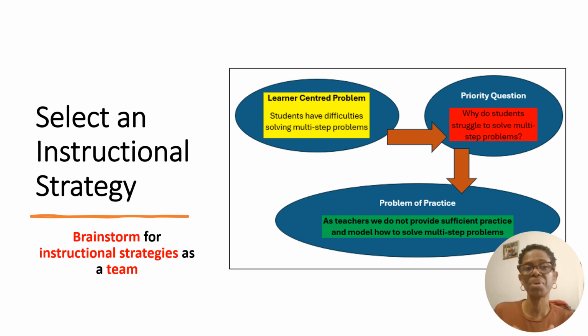So that would be a problem of practice, because we must evaluate our instruction to determine if we are doing everything right. And if all our students are still struggling, then it means we need to review what we are doing. And so that's how we would best determine which instructional strategy is better suited to address that problem.